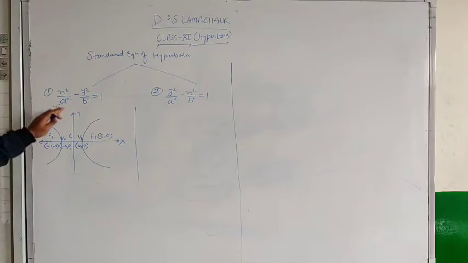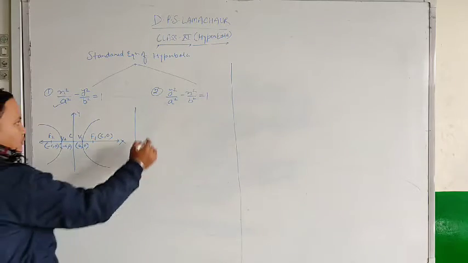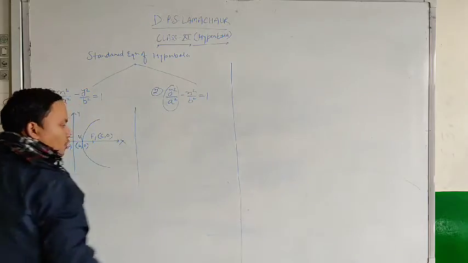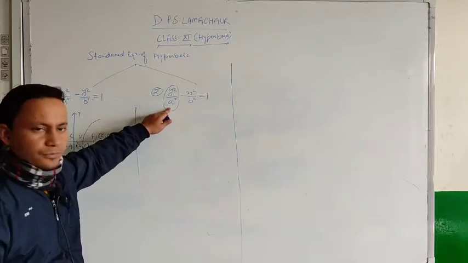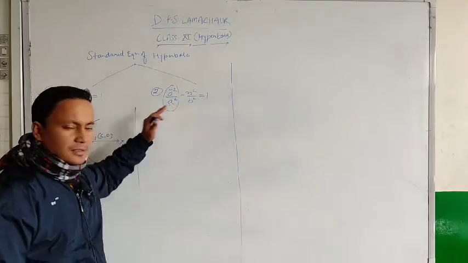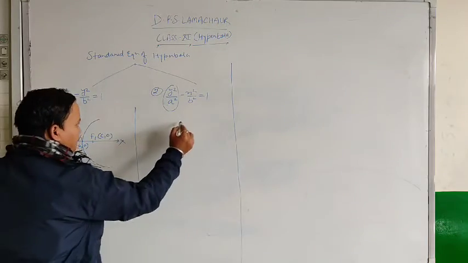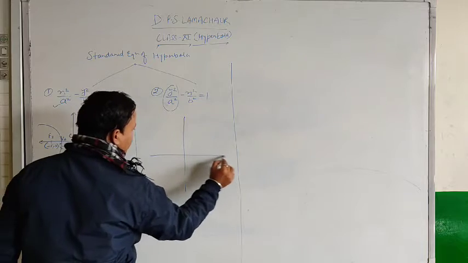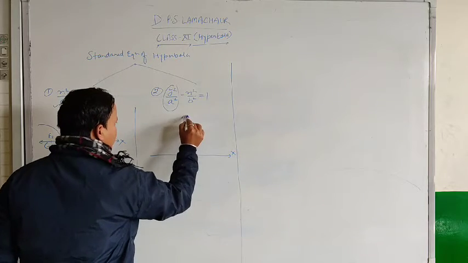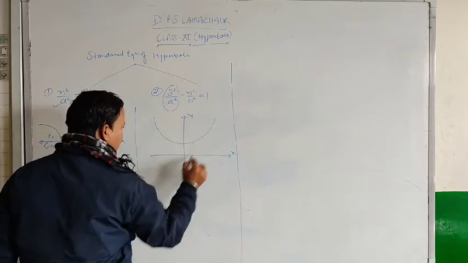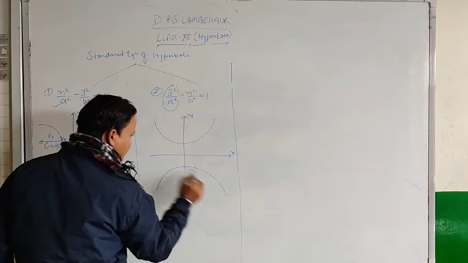But in the second case, you can easily see that the coefficient of variable y is positive. So in this case, the transverse axis will lie along the y axis. So the diagram will be symmetric about the y axis.